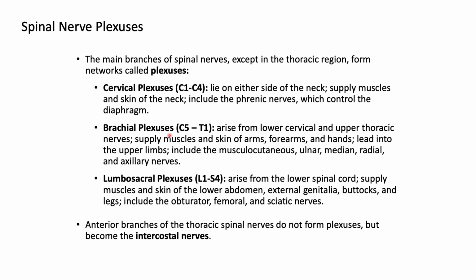This plexus provides innervation to muscles of the upper extremities, which include shoulder, arm, forearm, and hand muscles. Finally, lumbosacral plexus is made from lumbar spinal nerve 1 through sacral spinal nerve number 4, and this plexus provides innervation to muscles of lower extremity.